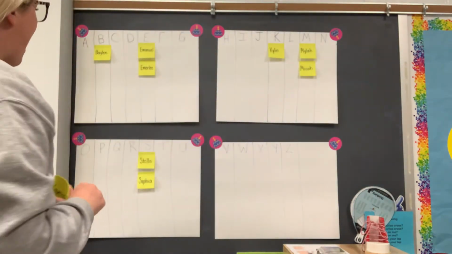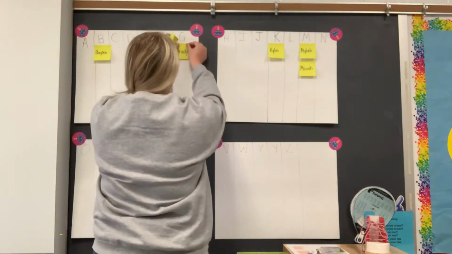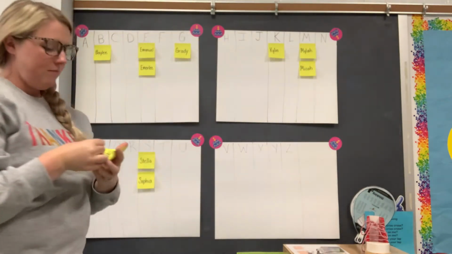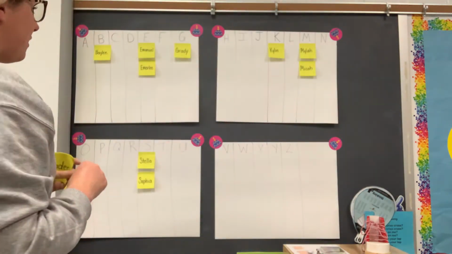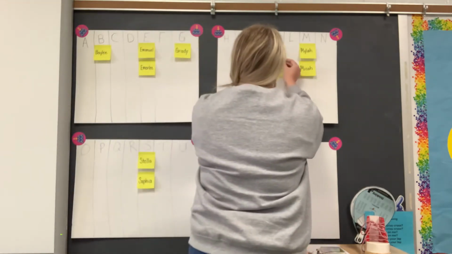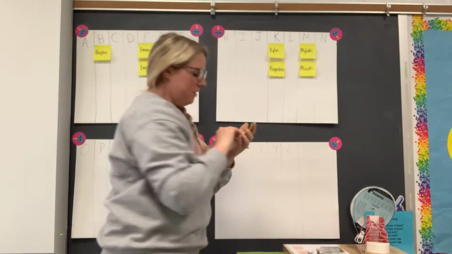G. So I'm going to find G and put Grady's name under G. All right. What do you see here? This is Caden. What is at the beginning of Caden's name? The letter K. So I'm going to find the letter K and put Caden's name here.